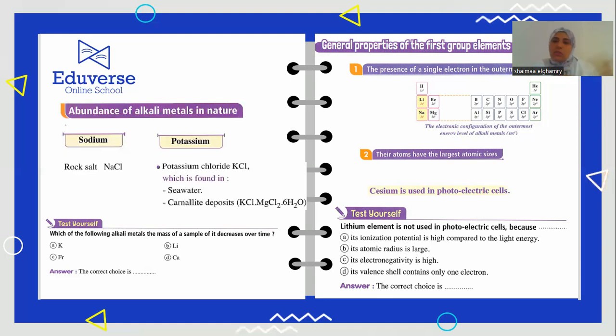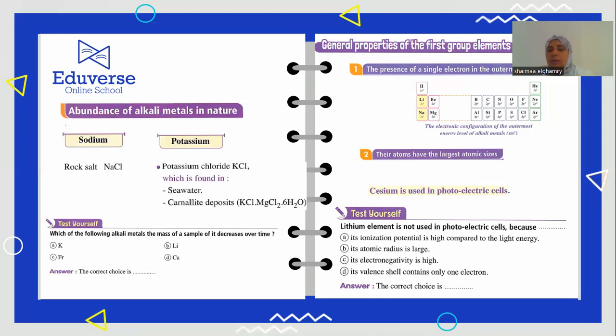Why is cesium used but lithium is not used? Is it because its ionization potential is high compared to the light energy, or its atomic radius is large, or its electronegativity is high, or its valence shell contains only one electron? For sure, its electronegativity is high. Is that correct?